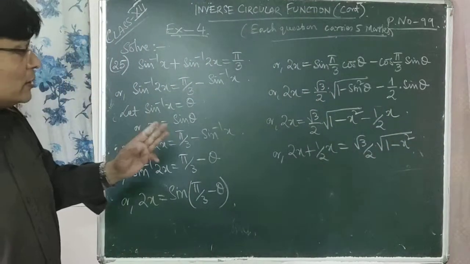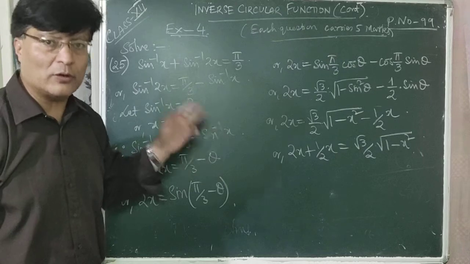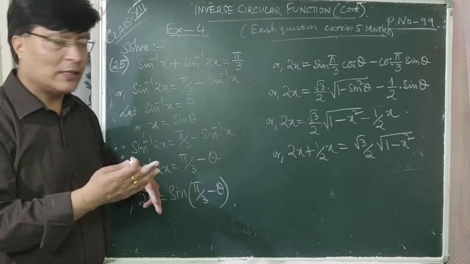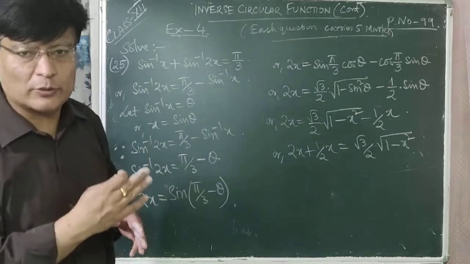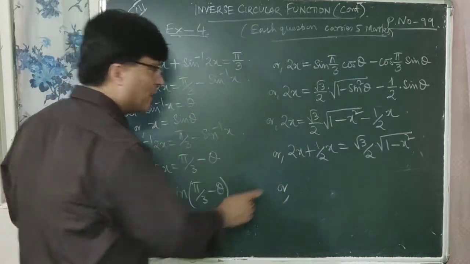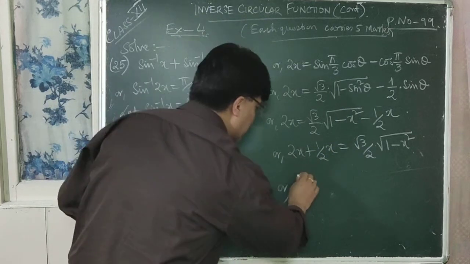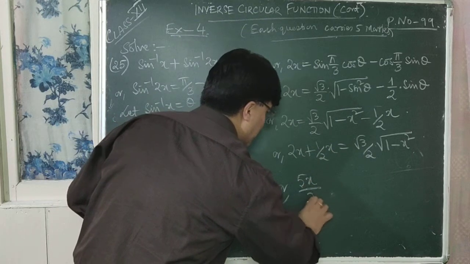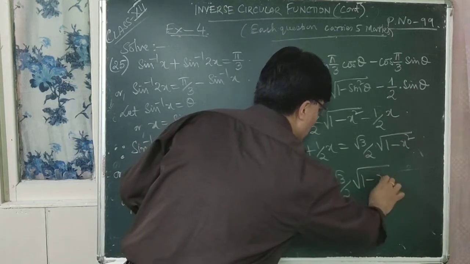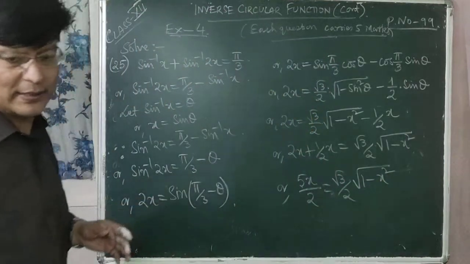So this square root is alone on the right hand side, so that if you square both the sides, this square root will be removed. Let us simplify it. 2 2s are 4x plus x, 5x by 2 is equal to root 3 by 2 into root over 1 minus x square.